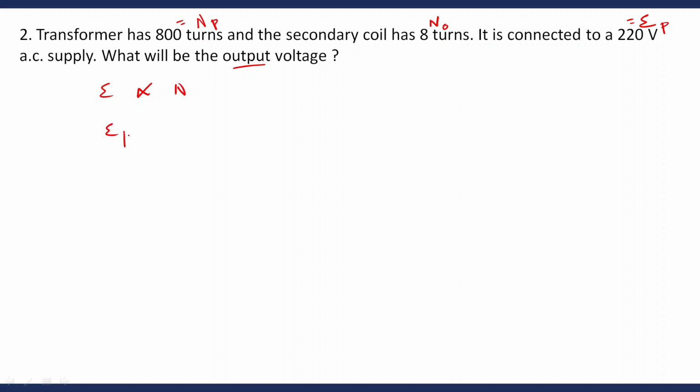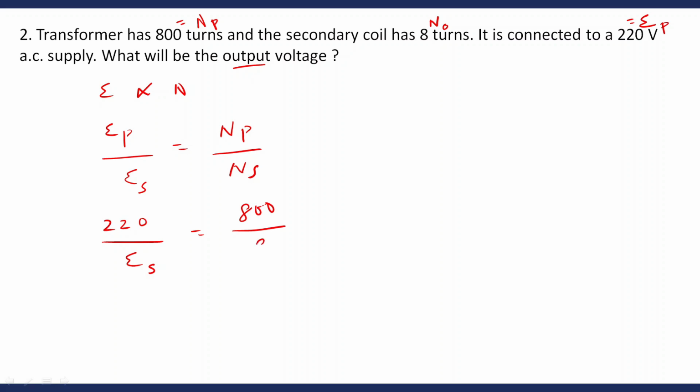Epsilon p by epsilon s equal to Np by Ns. The input voltage is 220 volt. We don't know epsilon s. Np is 800, Ns is 8. Then let me see what we will get here.